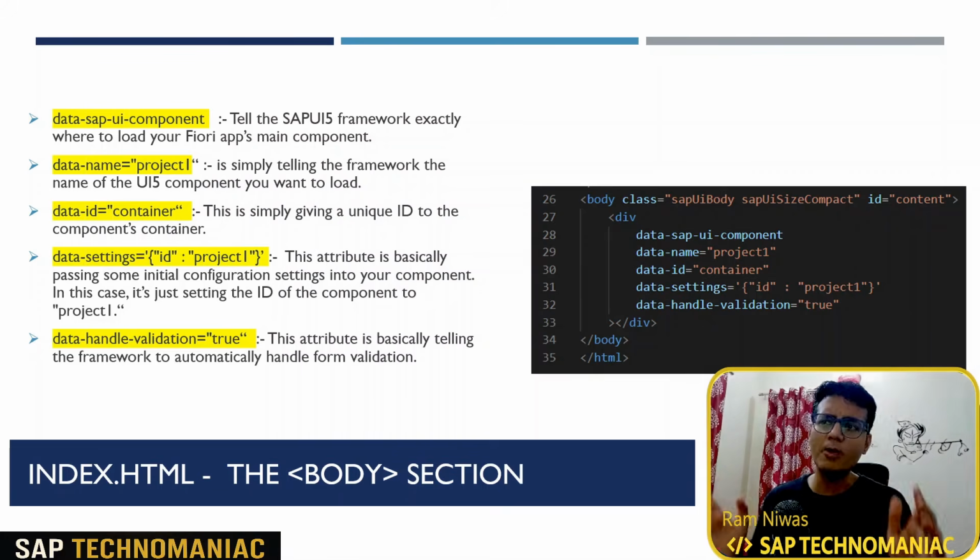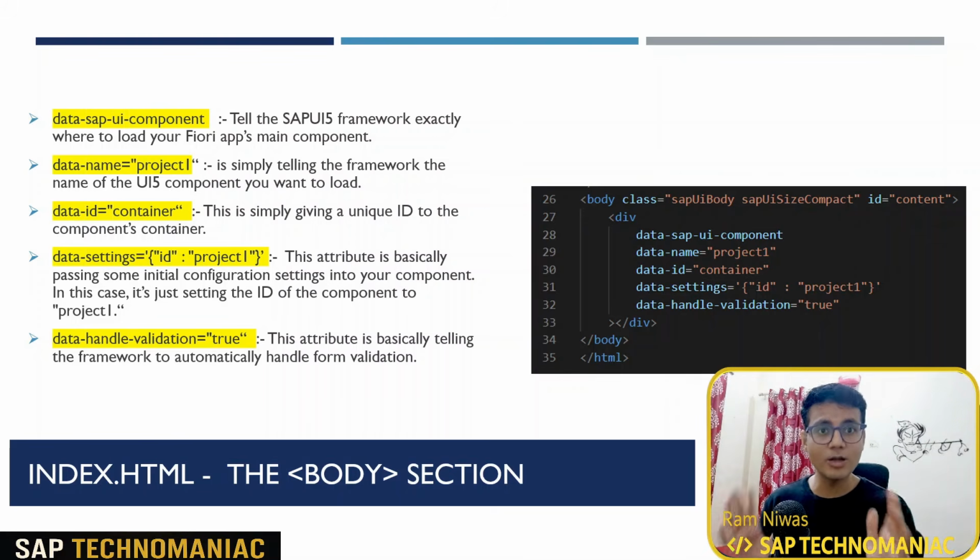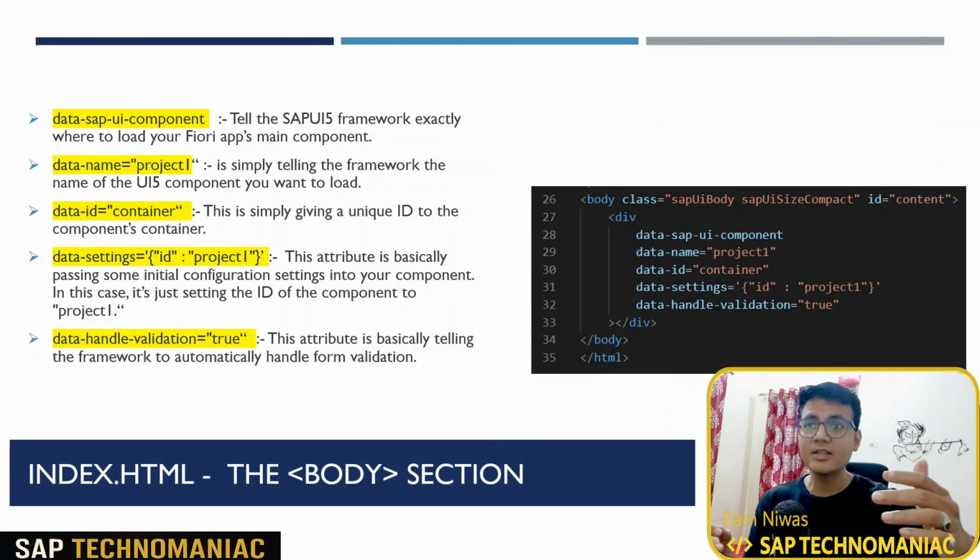So this is all about the body section, and this is all about the HTML section. I hope I was able to explain this index.html file properly, because there are a lot of things. Once we see a lot of files in our UI5 projects, in a similar way we will understand each and every file in upcoming videos.